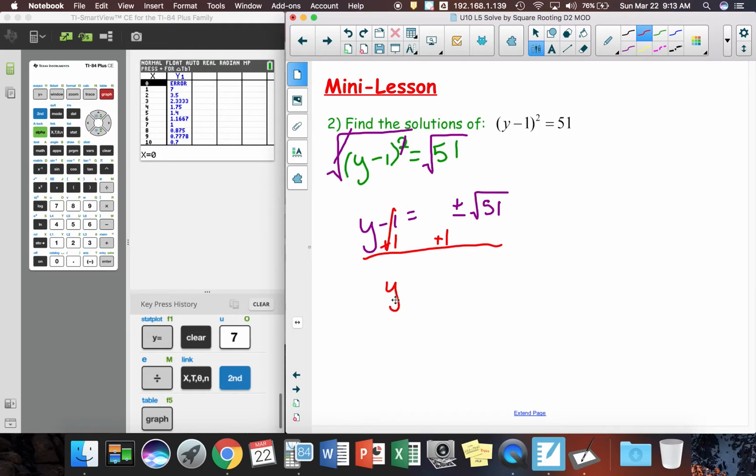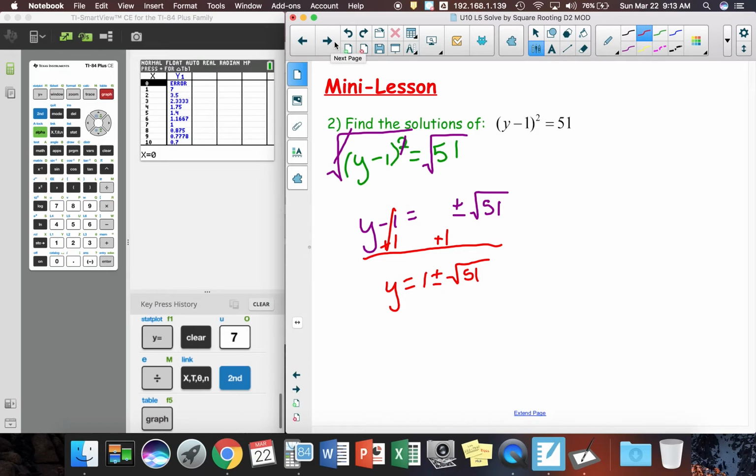We have y equals, since this can't be combined with that because it's trapped inside of this radical, I'm going to take this 1 and just write it on the outside here. So I have positive 1 plus or minus radical 51. Alright? Easy enough, not too bad.